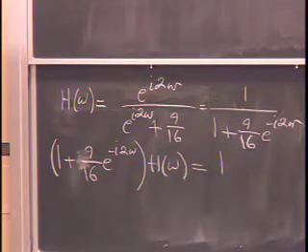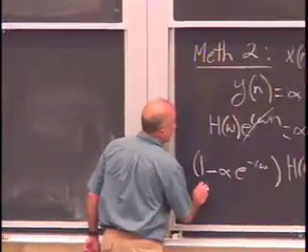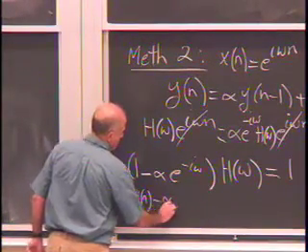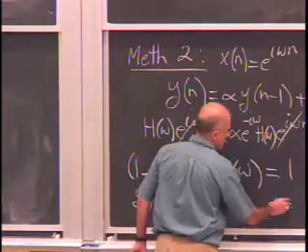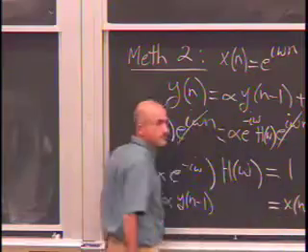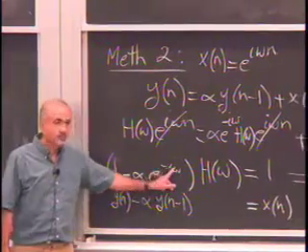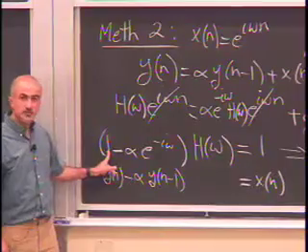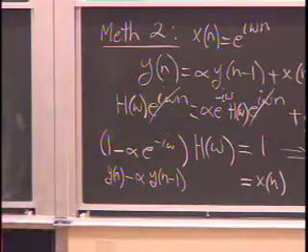Let me rewrite this equation under this one and see if you see what I mean. Here I have y of n minus alpha y of n minus 1 is equal to x of n. Notice a delay by one sample corresponds to an e to the minus i omega. No delay, y of n.